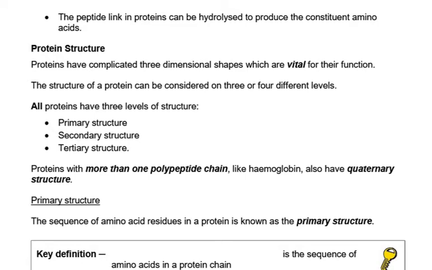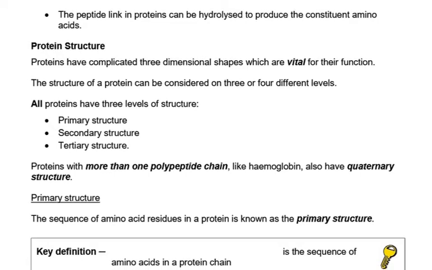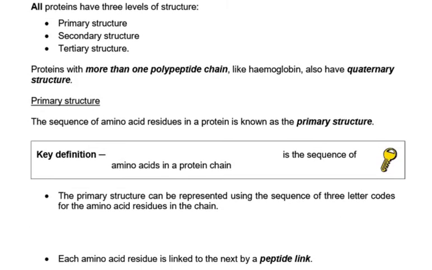The primary structure is the sequence of amino acids in the protein, and that's determined by your DNA. The DNA tells the cell what order to put the amino acids in.